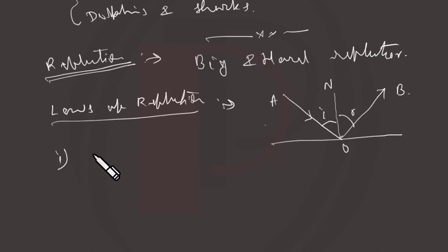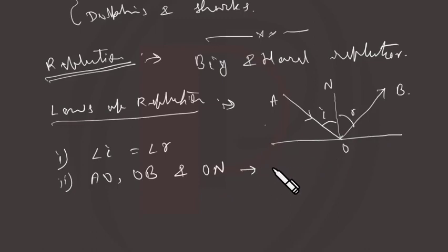The laws of reflection say that, number 1, the angle of incidence equals the angle of reflection. And number 2, the incident wave, the reflected wave OB and the normal drawn at the point of impact on the reflecting surface all lie in the same plane.